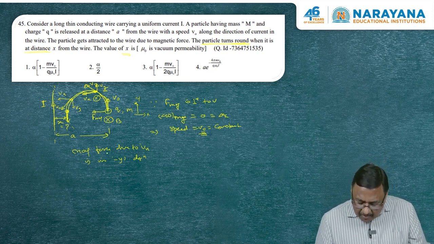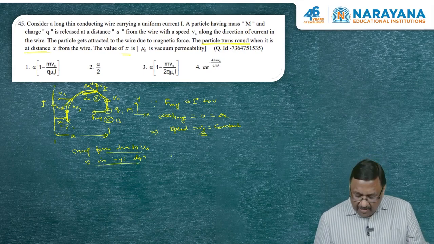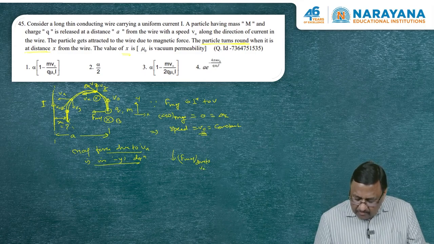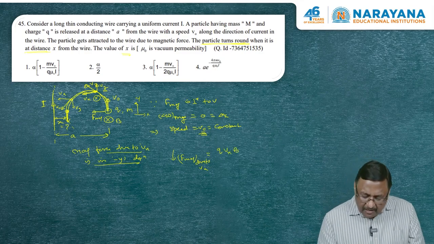So I can say now, if magnetic force due to Vx is in negative y direction, so this is now my F magnetic due to which velocity is Vx. If I am writing F magnetic, it is going to be Q V B. Let us say at this point I am there.